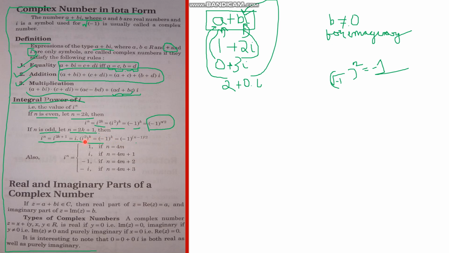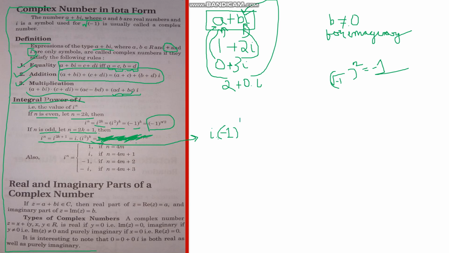Now k can be written as n minus 1 by 2. Ignore that part, I am having some confusion there. This is I into I square into k, which can be written as I into minus 1 whole to the power k.